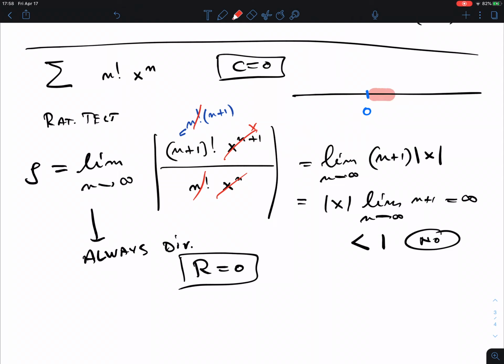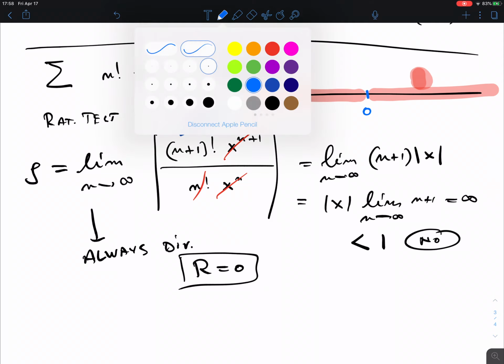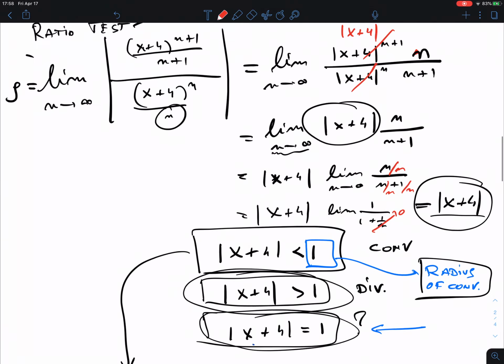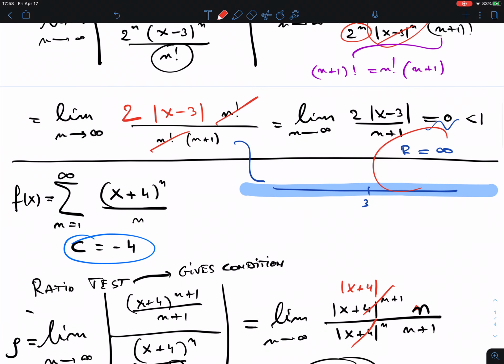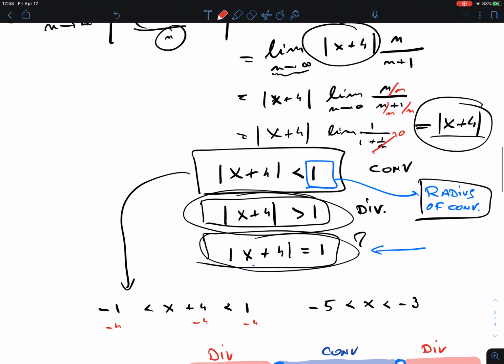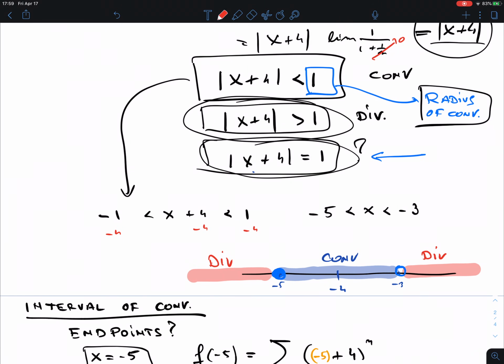So we have divergence here, and we have divergence that way. So, yeah, divergent. Okay? So this is the opposite, where we have radius of convergence 0, we can have radius of convergence infinite. But these are special cases, and the most general case, and you're gonna probably get something like that, is the case where we have halfway.